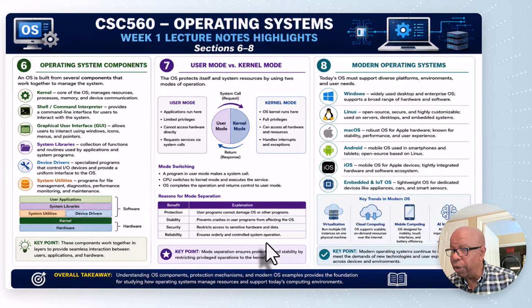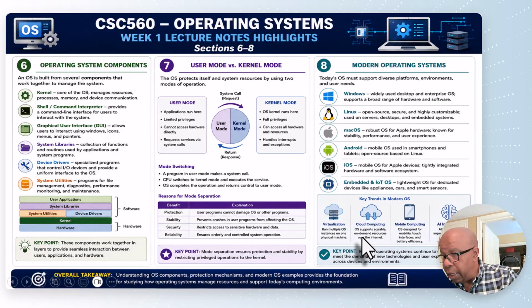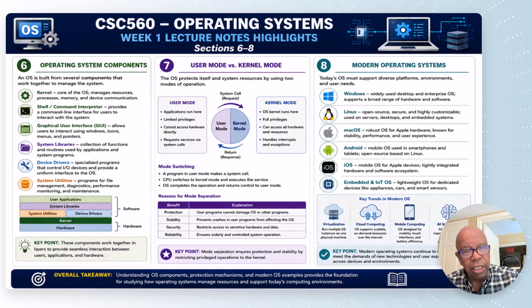Those are the embedded types of operating systems that are built in. Trends toward operating system virtualization, cloud computing, mobile computing, and then, of course, AI, which is coming down the road. Key point: modern operating systems continue to evolve to meet demands of new technologies and user expectations across new devices that are coming through and new environments this has to control.